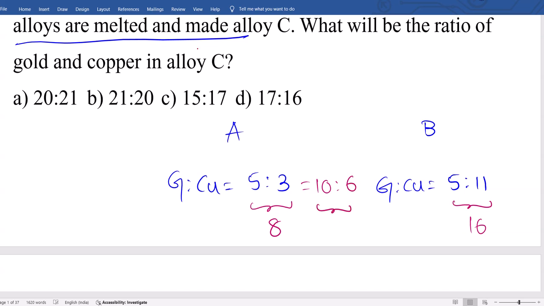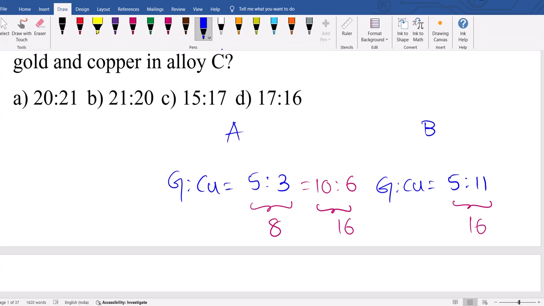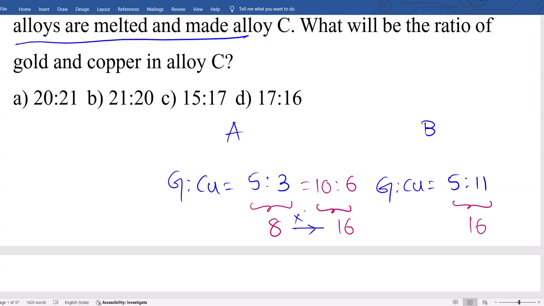If I double the first one, it becomes 10 and 6, and the total becomes 16. Now this one is 16, the next one is 16, both are the same. Means gold in A is 10 grams, copper in A is 6, gold in B is 5, copper in B is 11. Now both are equal. Are you understanding the 16 and 16?